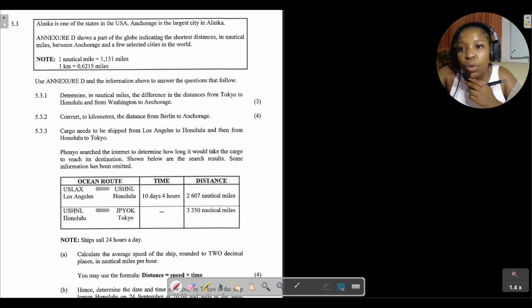Annexure D shows a part of the globe indicating the shortest distances in nautical miles between Anchorage and a few selected cities in the world. Note, 1 nautical mile is equal to 1.15 miles. 1 kilometer is equal to 0.6215 miles. Use Annexure D and the information above to answer the questions that follow.